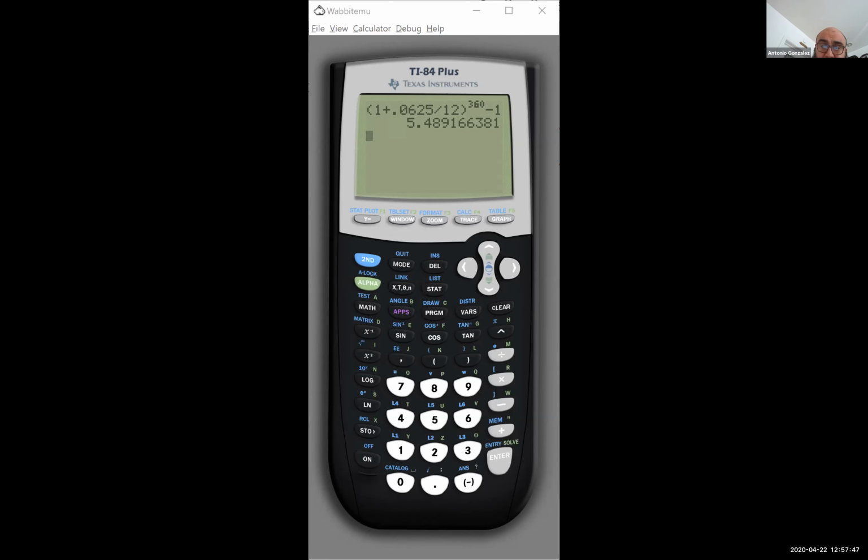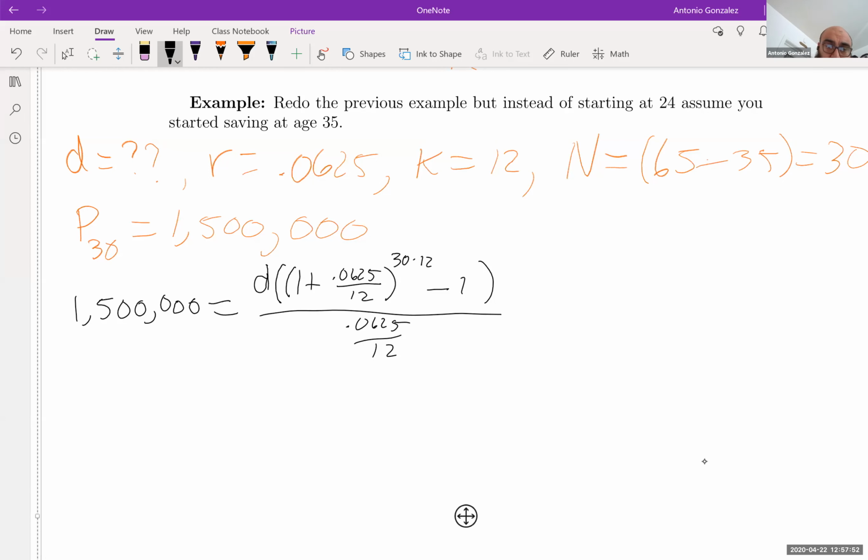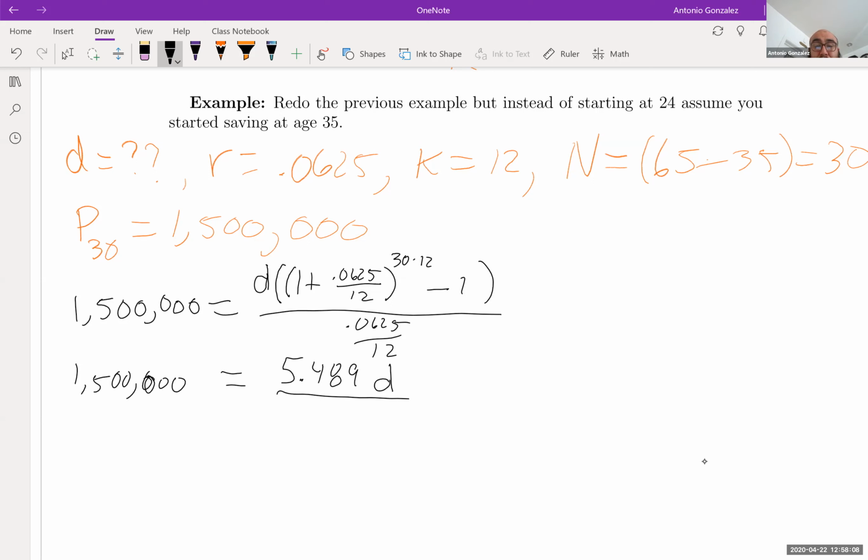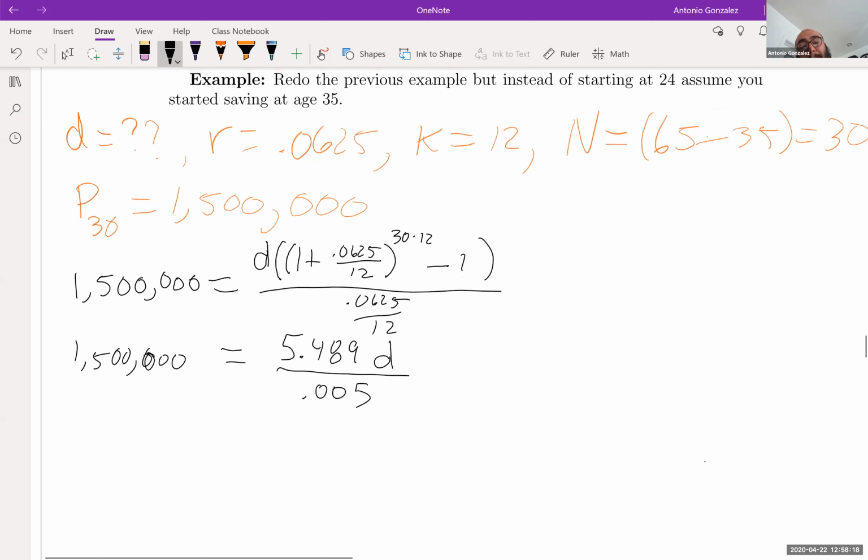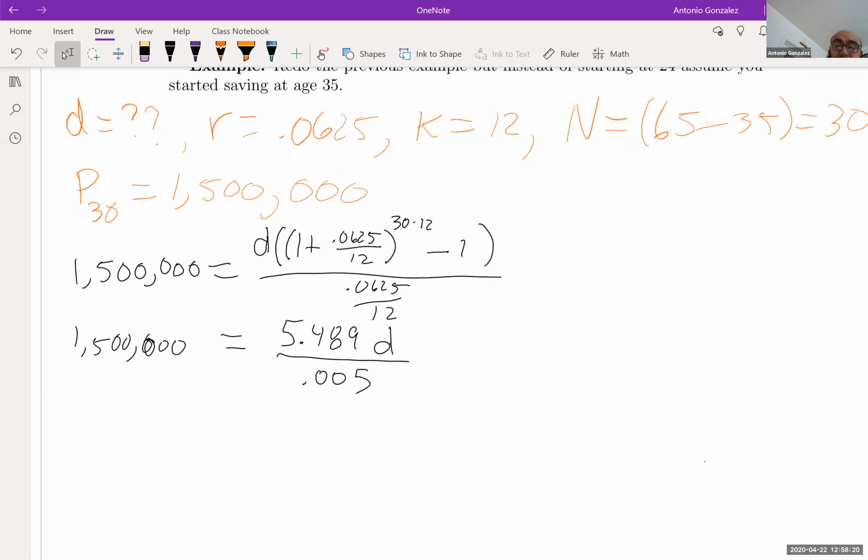Let's go back here. All right, and again, in the denominator, I'm going to do that division, 0.0625 divided by 12, and that was 0.005. Okay.